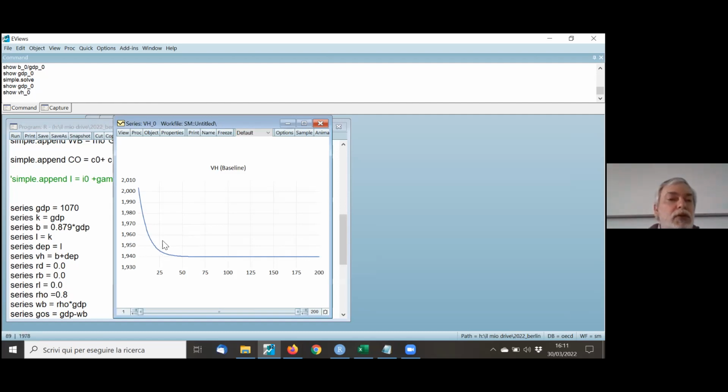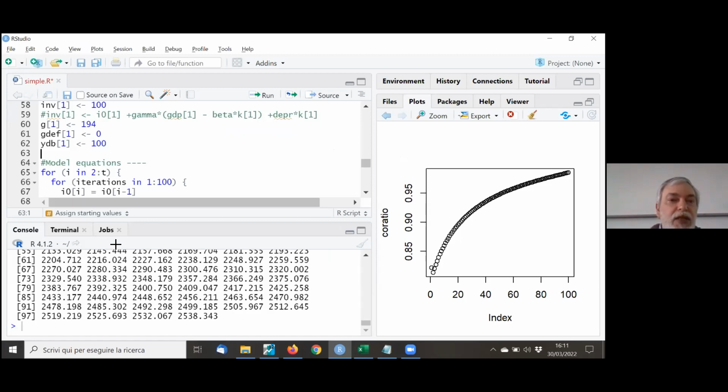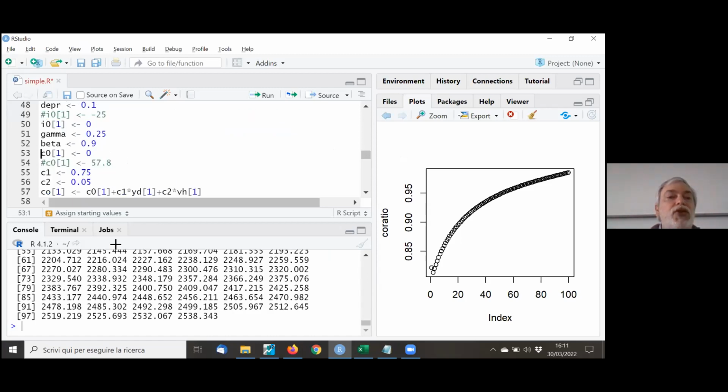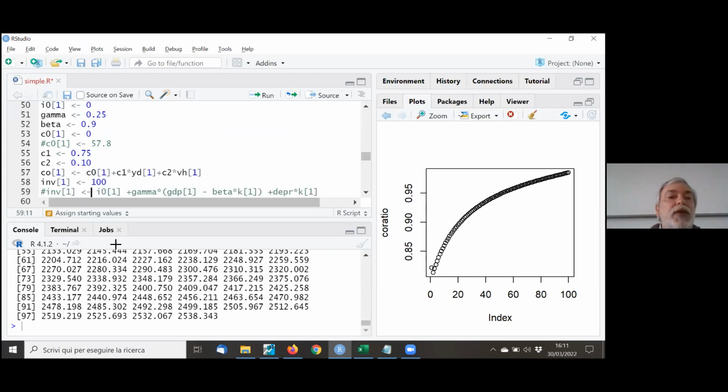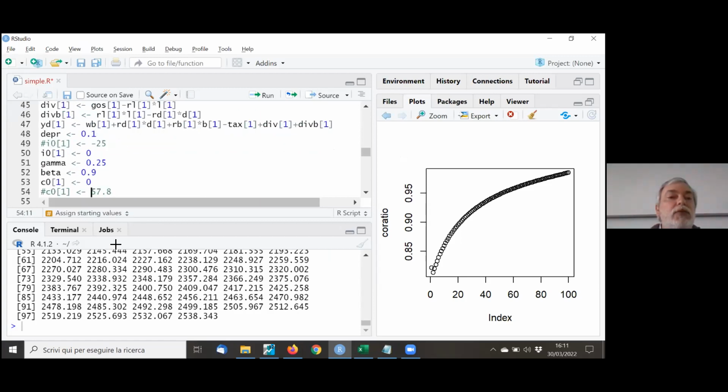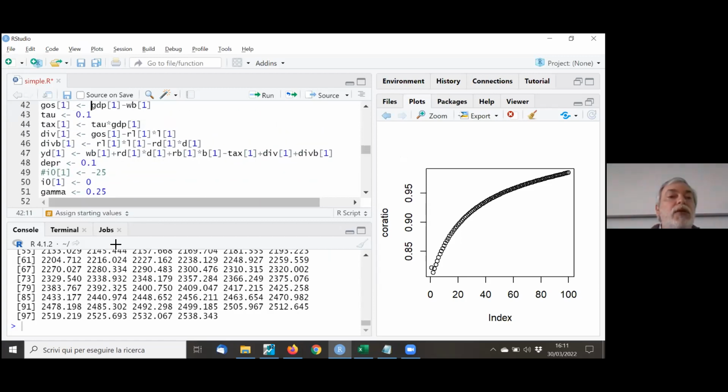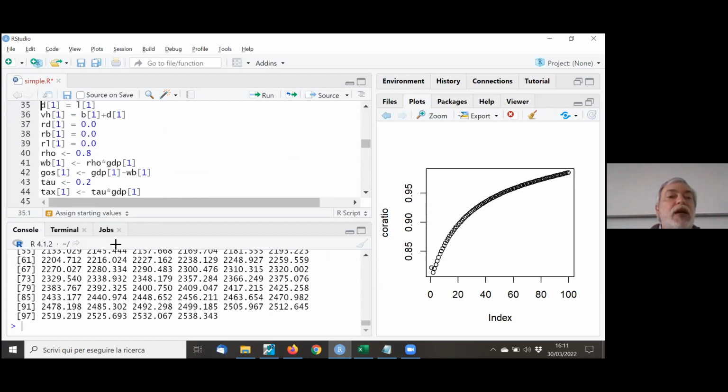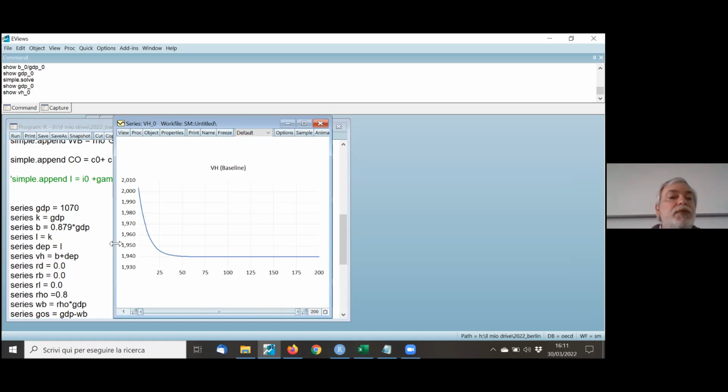So let's replicate this in R. What we have done is to change the C2 parameter to 10% and the tau to 20%. And the starting value for GDP at 1070, I think.